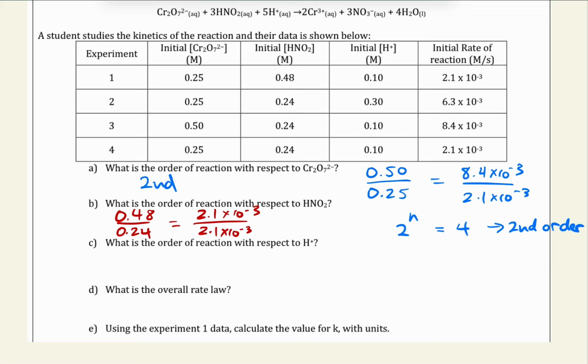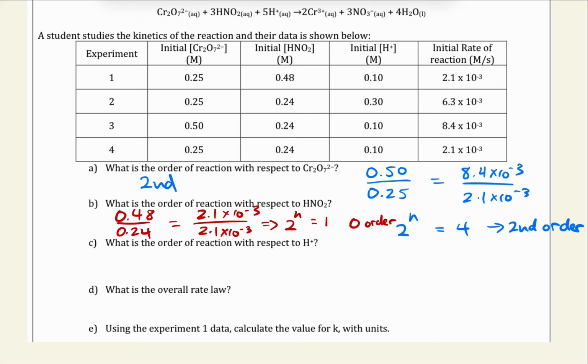We can see that this simplifies to 2 to the power of n equals 1. So in this case, n equals 0, so this is 0th order. In other words, no matter how much we change the concentration, the rate of reaction will not change.